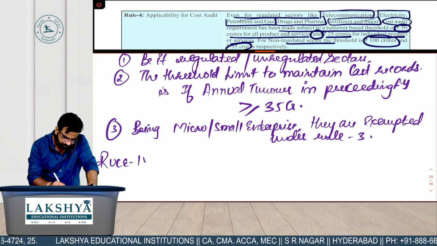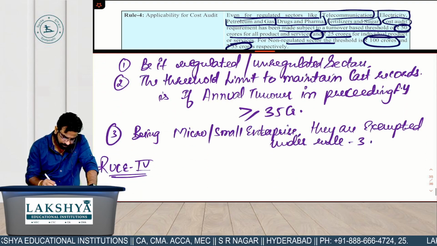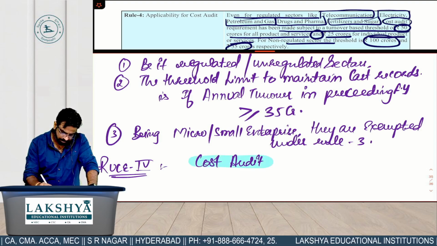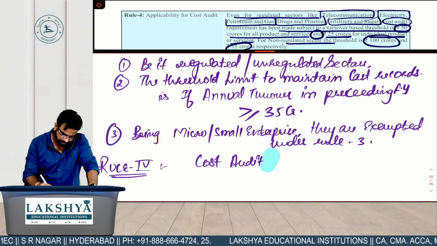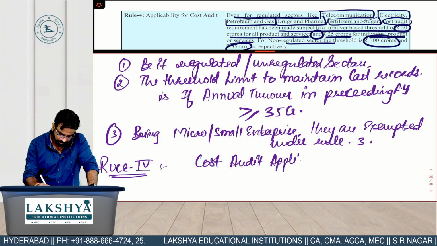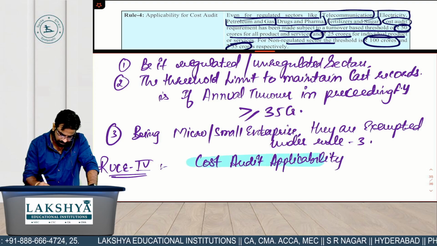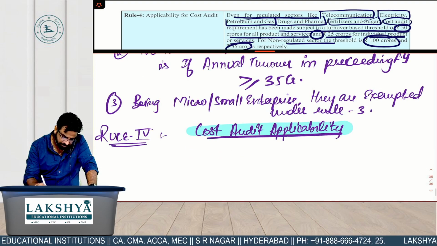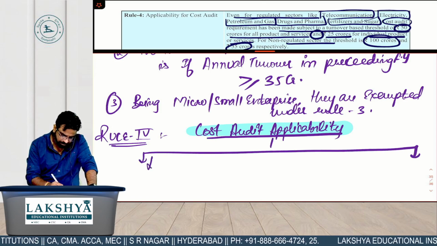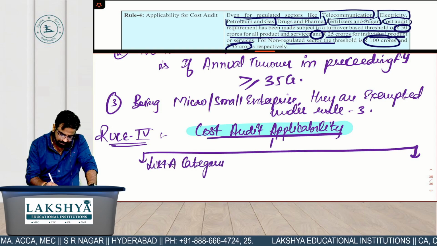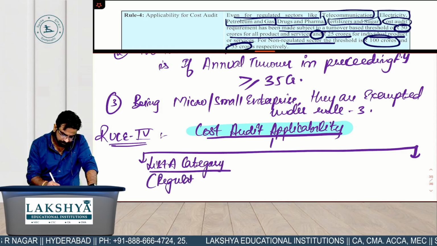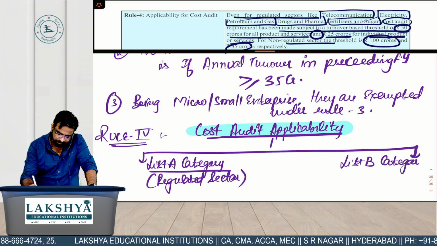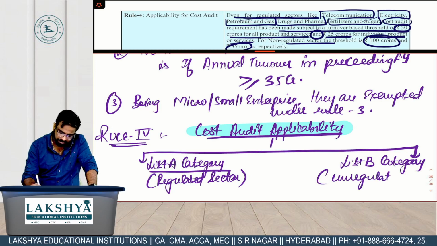Rule 4, cost audit applicability. Under that, list A category, regulated sector, list B category, unregulated sector.